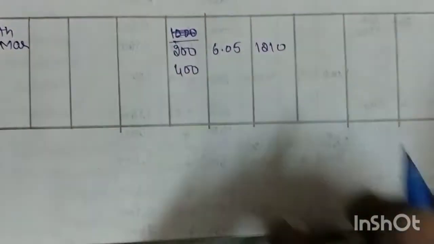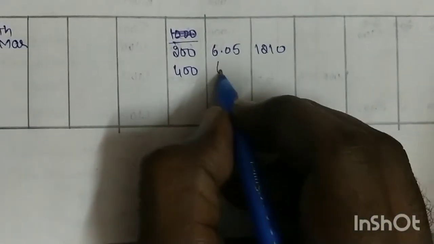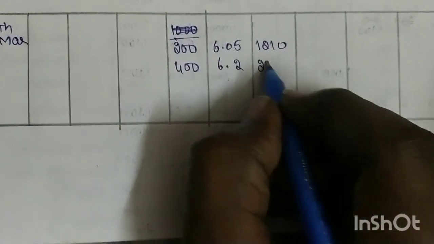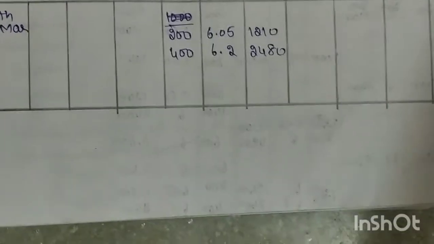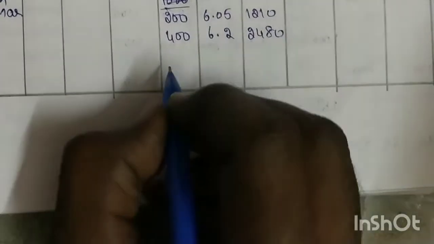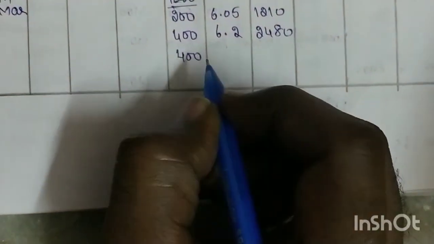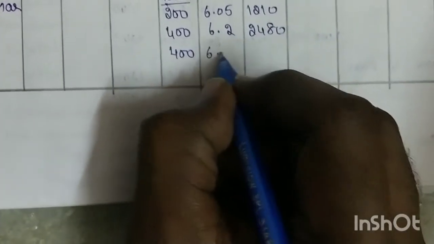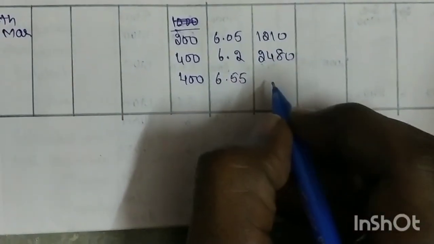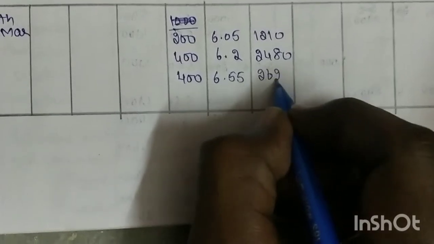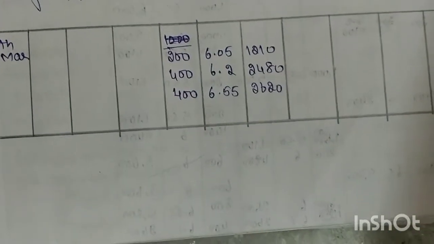And next we'll go for taking 400 units of latest entry, and the price will be 6.2, total will be 2480. And next we are having 1000 units, and from those 1000 units we'll go for taking 400 units at a price of 6.55, and it will become 2620. So this is how we'll go for issuing 1000 units.